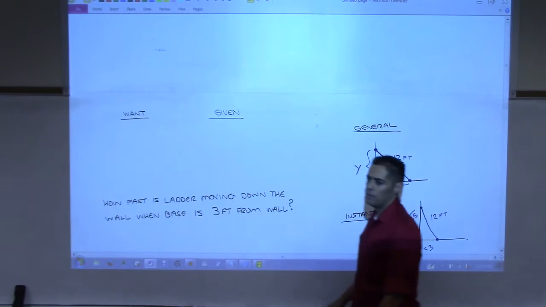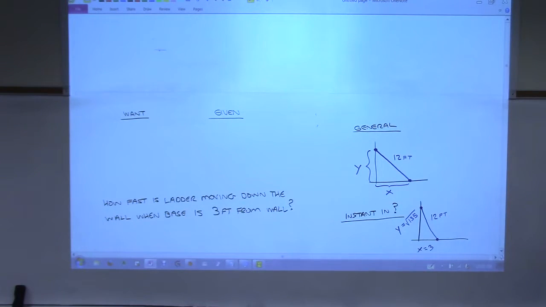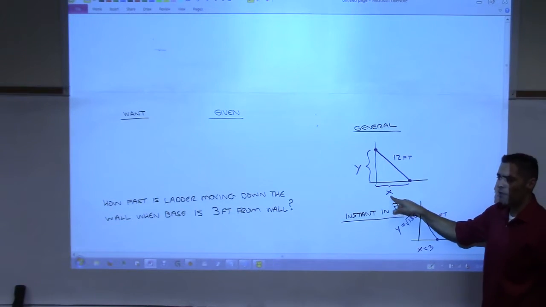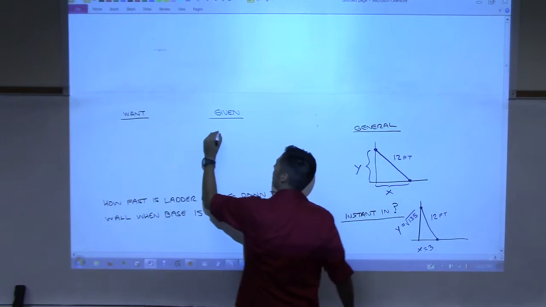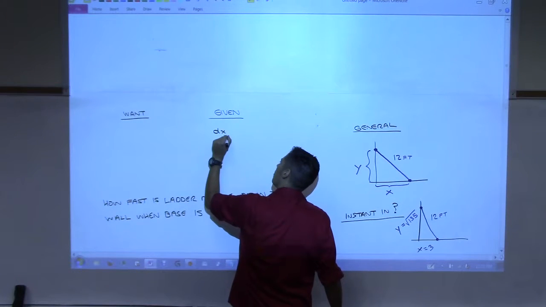All right, so tell me what you were given in this problem. The speed of the ladder moving. Okay, in terms of our variables, which one of them is it? X. We are told that x is changing at a rate of 1 foot per second, yes? So I am given dx with respect to what?